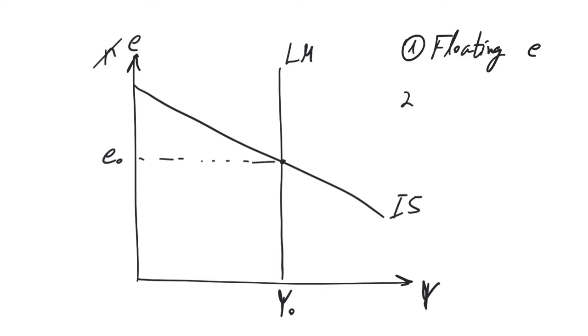The second option is that we choose a fixed exchange rate. In that case, this will require us to actively, whatever we do, also take into account the exchange rate and make sure that it remains fixed. And this will force us to use monetary policy to only pursue keeping the exchange rate fixed. So let's look at these two options one by one.